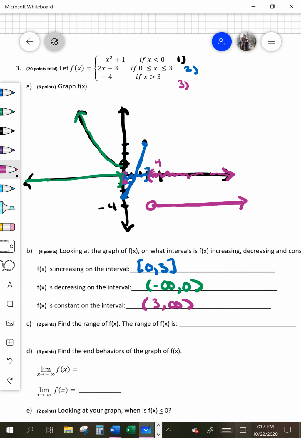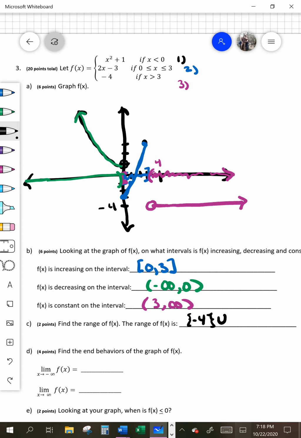So looking at the range, this is all the y values that you're hitting on the graph. So notice that we're hitting the y value of -4. And so let's put that in there, -4. But then there's a jump. So union.